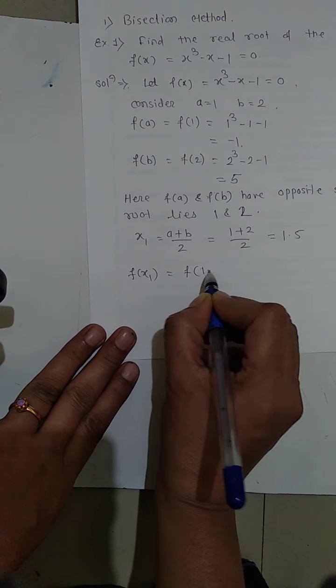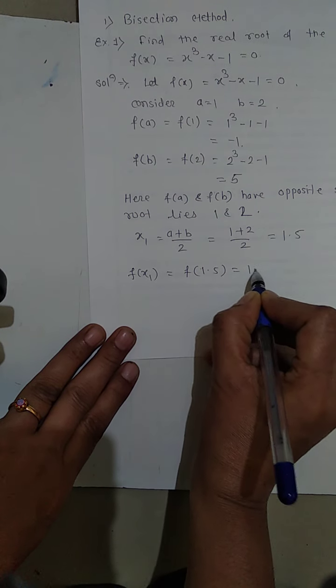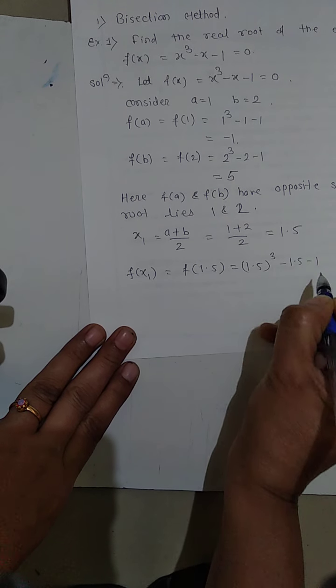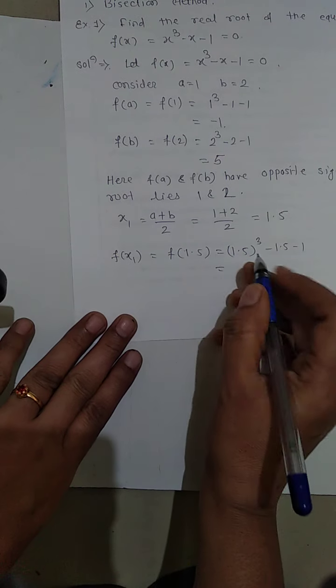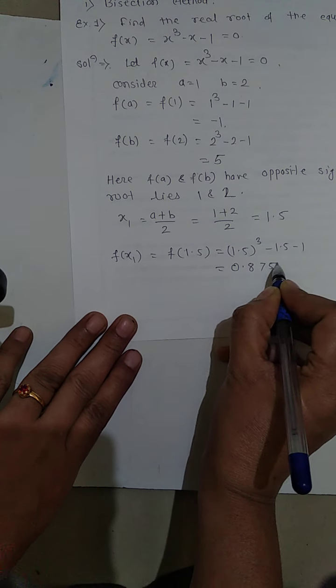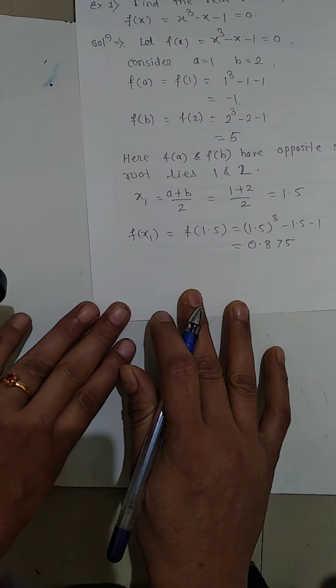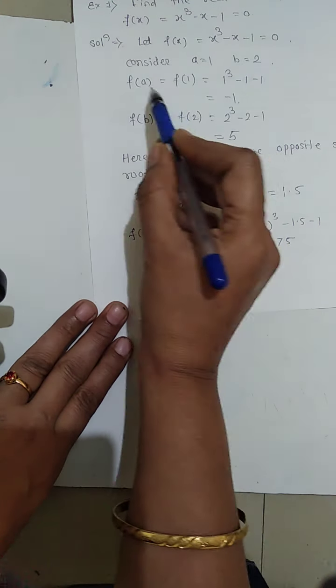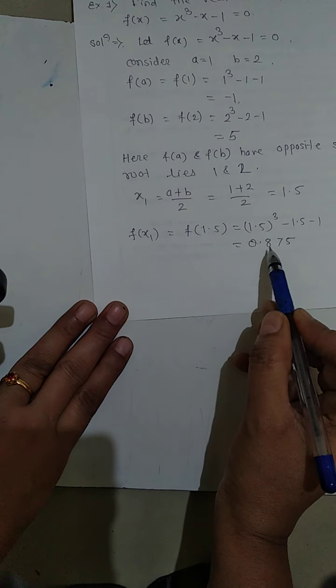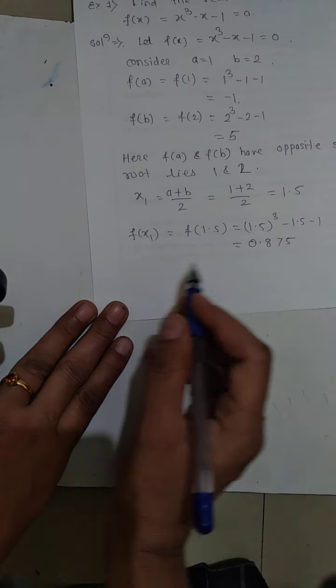Then f(1.5) = 1.5 cube minus 1.5 minus 1, and after solving, this value is 0.875. Here again we see that f(a) is -1 and f(x1) is 0.875.